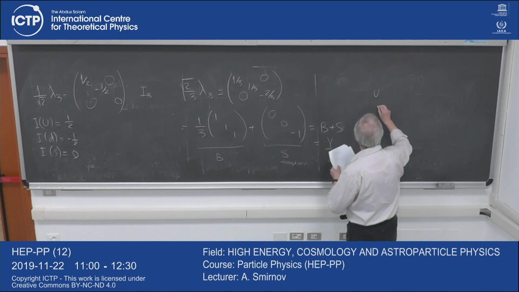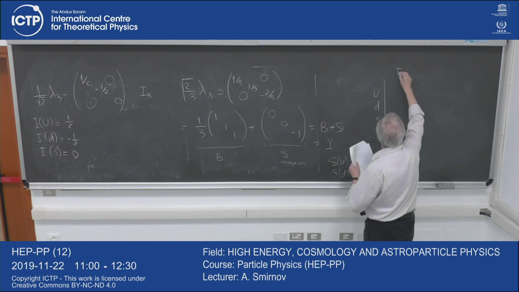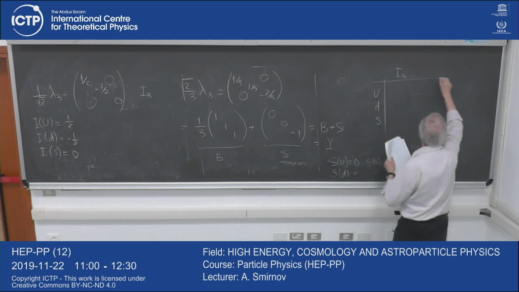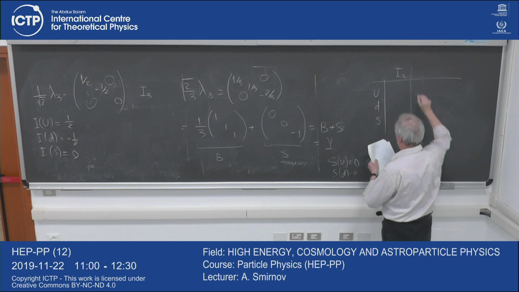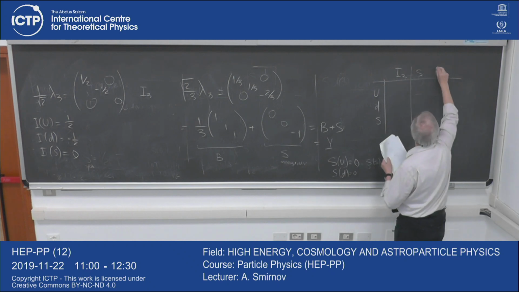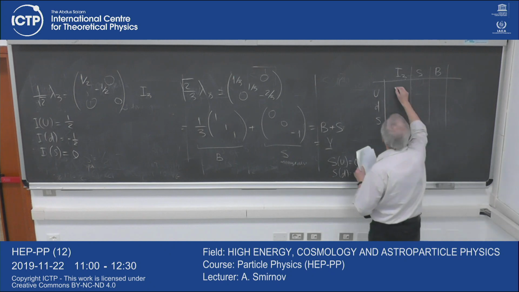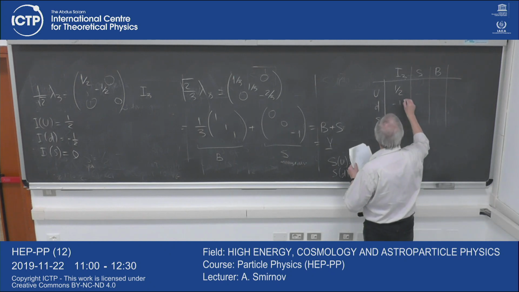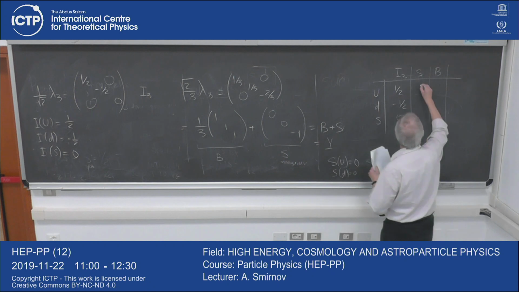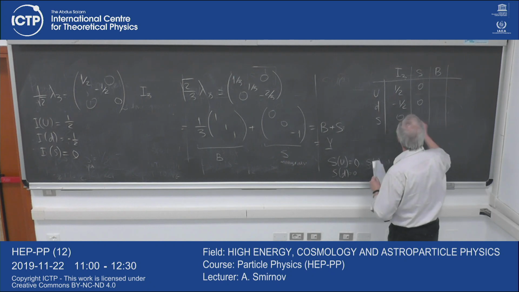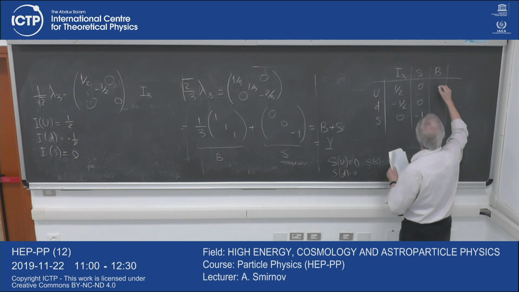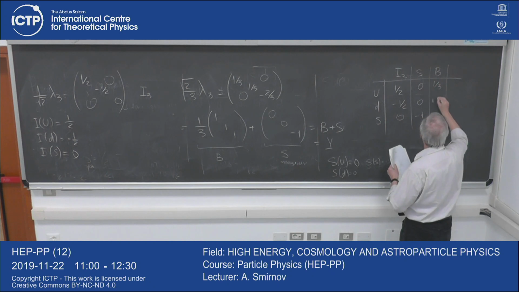I have U, D, S, and then the third projection of isospin, strangeness, and baryon number. 1/2, minus 1/2, 0; 0, 0, minus 1; baryon number 1/3, 1/3, 1/3.